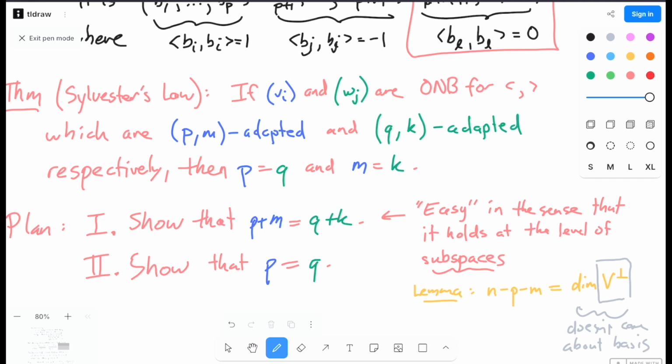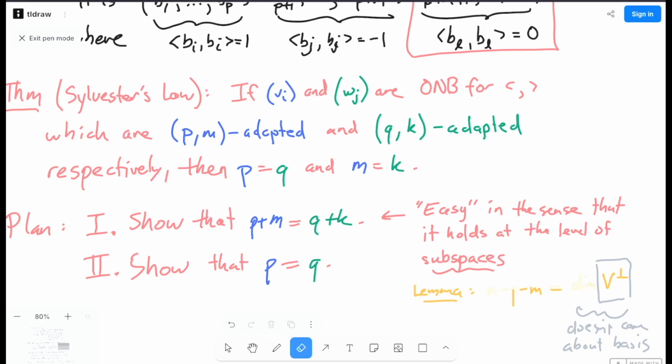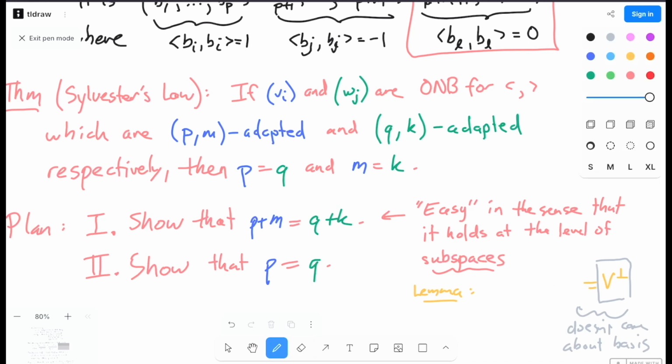I could say that it's even true that the span of b p plus m plus 1 through bn, so the last part of the basis, is that. So by taking dimensions on both sides, you recover the dimension result.